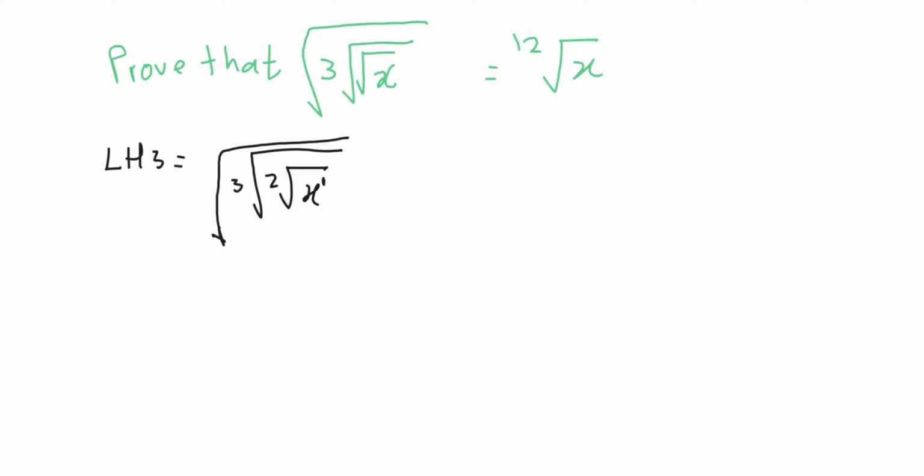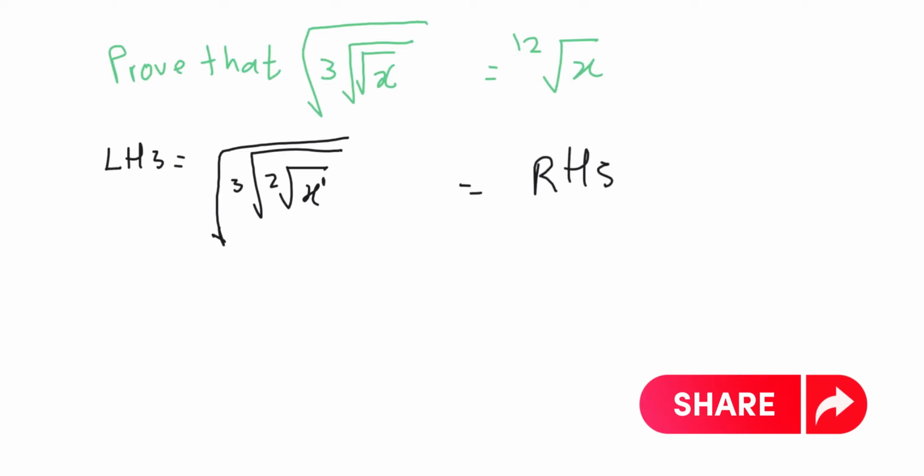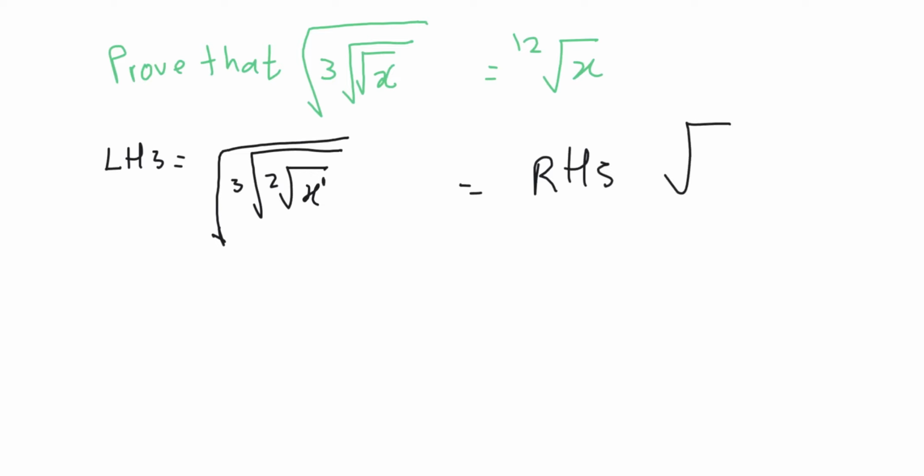And from our right-hand side, what do we know? Remember this is 12 here, and x is the same as x to the power of 1, and when you write this, it is x to the power of 1 over 12. So that's some of the things that we know.